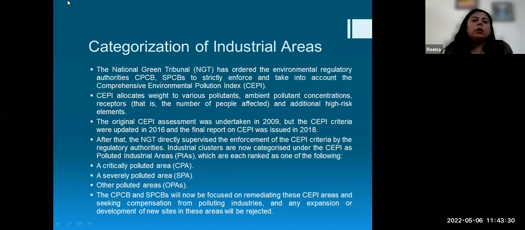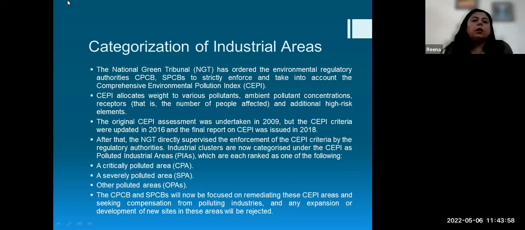The original CEPI assessment was undertaken in 2009, but the data was updated in 2016 and the final report was given in 2018. Then NGT directly supervised the enforcement of CEPI, and accordingly areas were ranked as critically polluted, severely polluted, or other polluted areas.